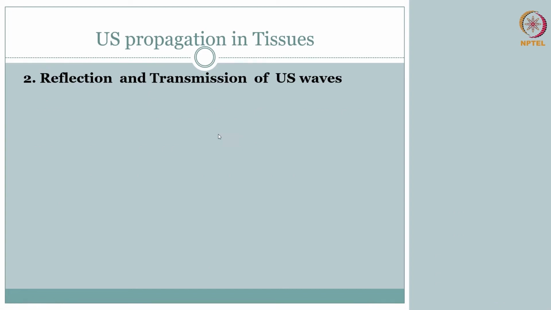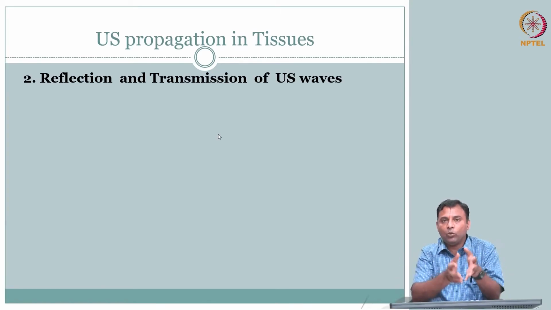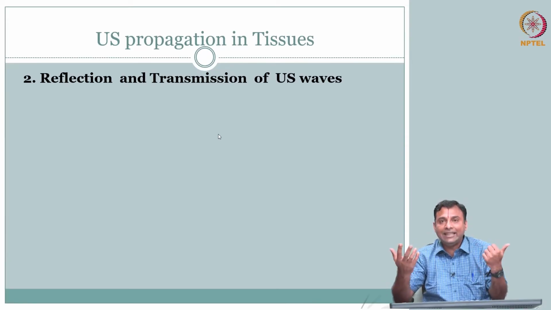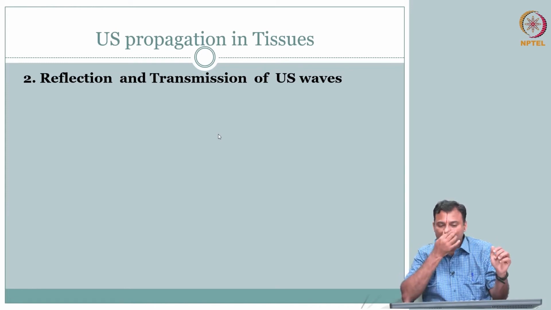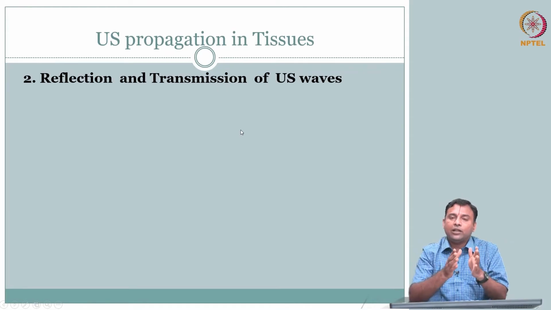So now the question is, I have this wave, I know how to describe this wave, and I have used certain terms to describe different medium 1 and medium 2. They can be different in terms of Z or C. Z is your acoustic impedance, C is your speed of sound, density, compressibility. So what happens if I encounter a different medium?